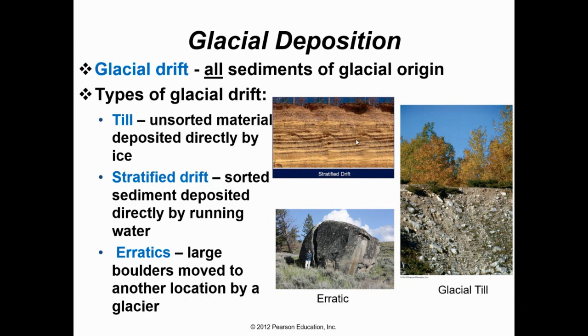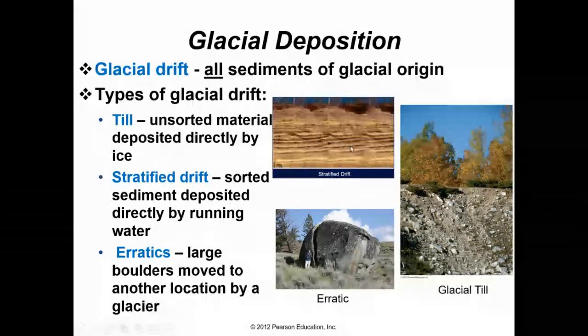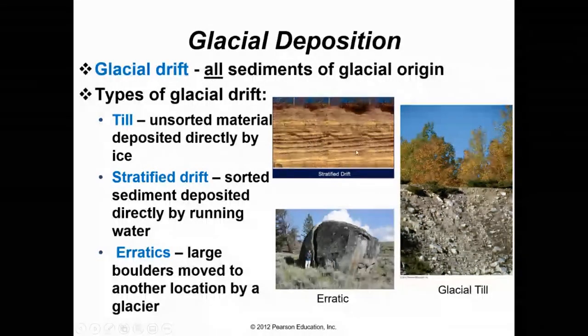So you get those streams coming out at the bed of the glacier, and the waters are very sediment rich, bringing a lot of sediments out. And typically, they'll get deposited in flatter areas in front of the glaciers, in these flat sheet-like appearances. Okay, so that's stratified drift.